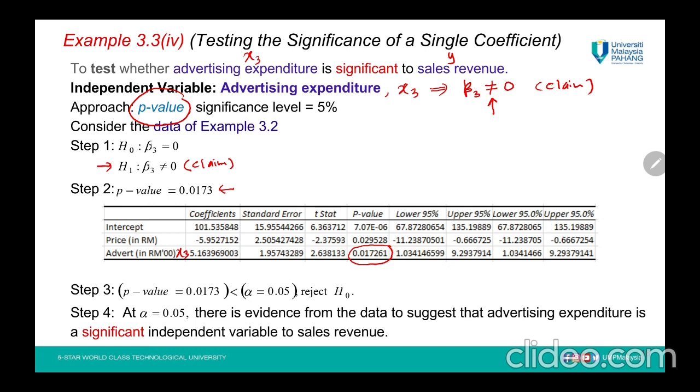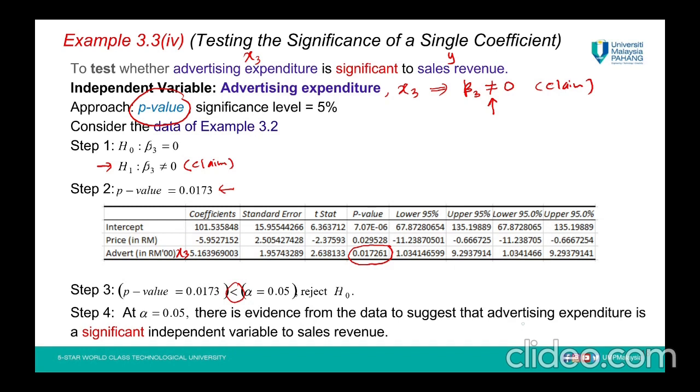Now we go to step 3, where we want to make a decision for H0. Using the standard rule for the p-value approach, when we compare the p-value with alpha, we can see that the p-value is less than alpha. So the decision that we take is reject H0. So complete step 3.